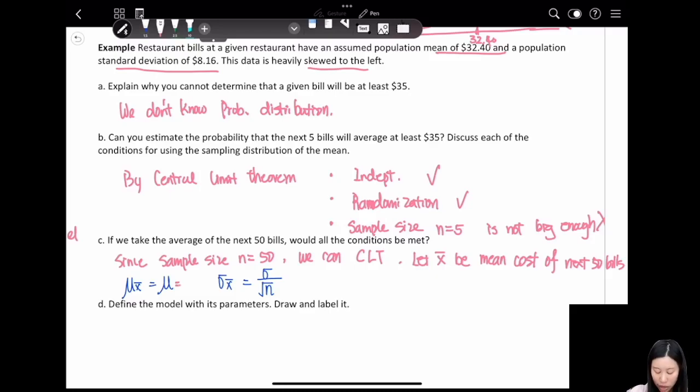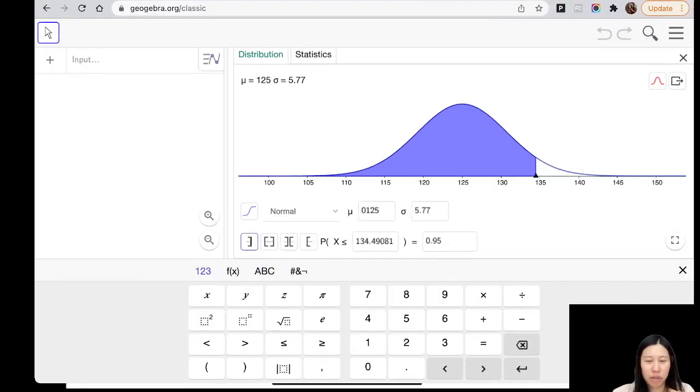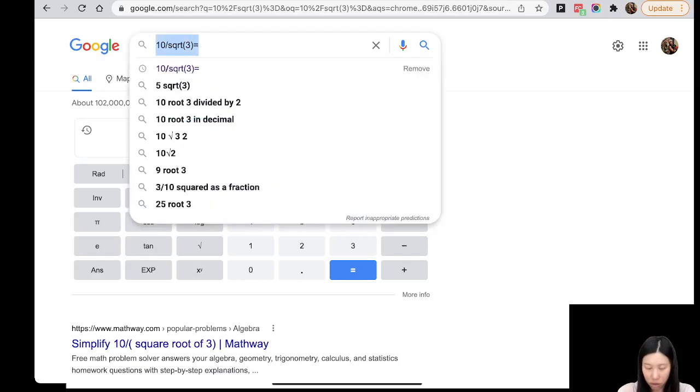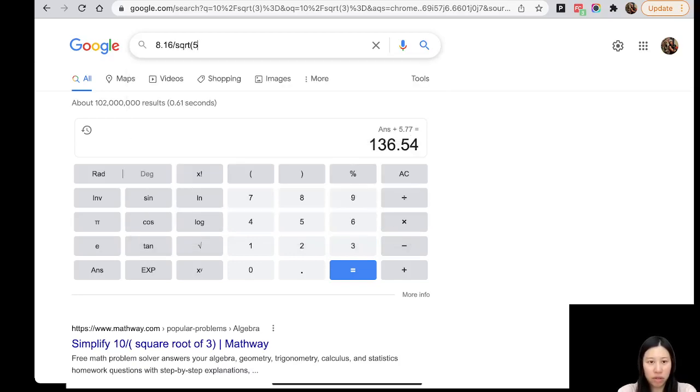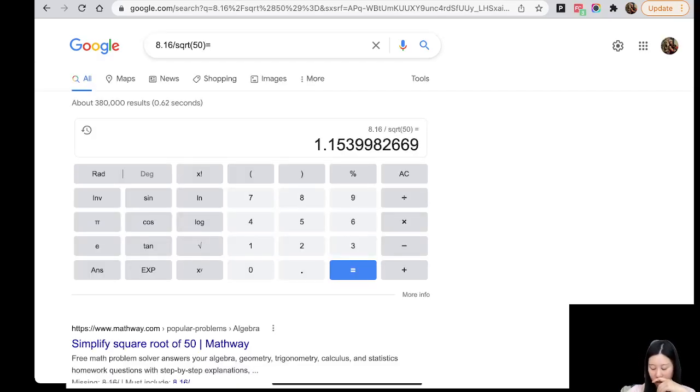So mu X bar equals mu, which is 13.40, and sigma X bar equals 8.16 divided by the square root of 50. Now let's use a calculator. 8.16 divided by the square root of 50 equals $1.15.